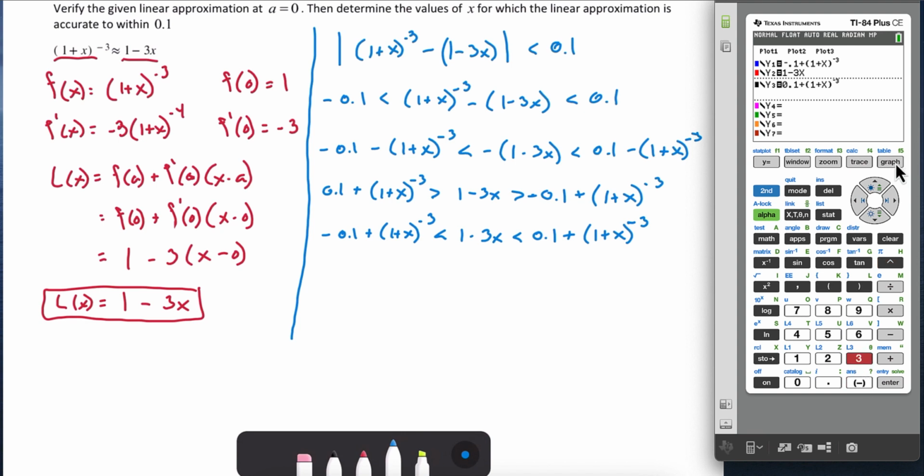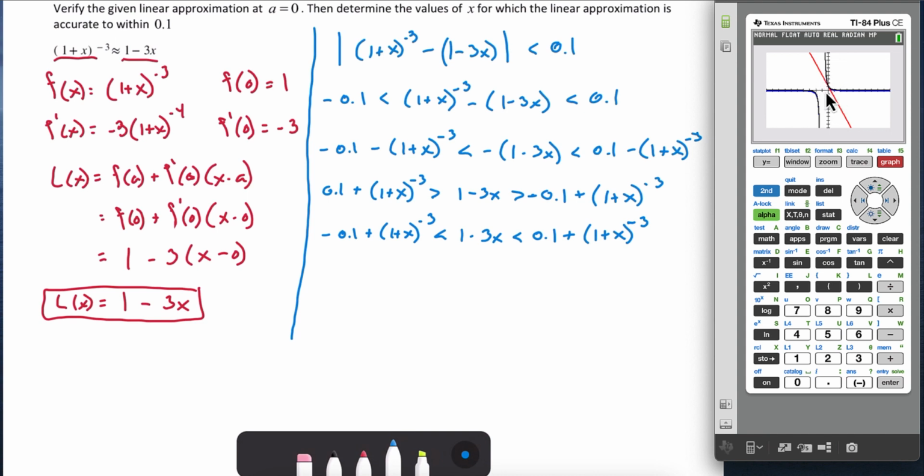Up next, we'll hit graph. And keep in mind what we're looking for. We are looking for where we are accurate to within 0.1. So the linear approximation is this red graph, and it looks like it's intersecting the f function around this area.